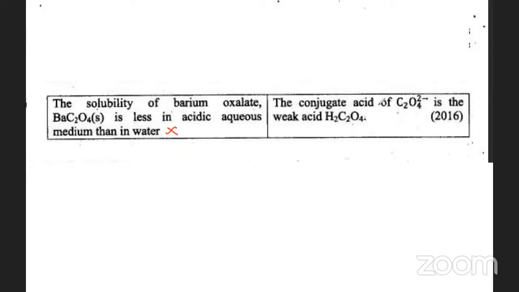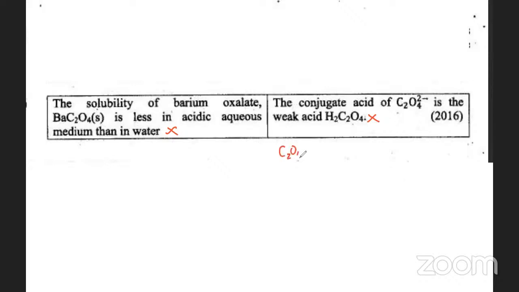The conjugate acid of C2O4 2 minus is the weak acid H2C2O4. Is that correct? That is also wrong. Conjugate acid of this means they are taking this as the base now.